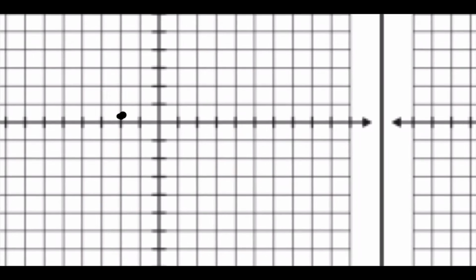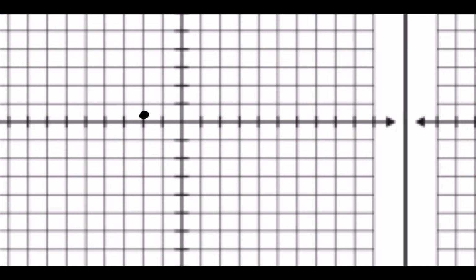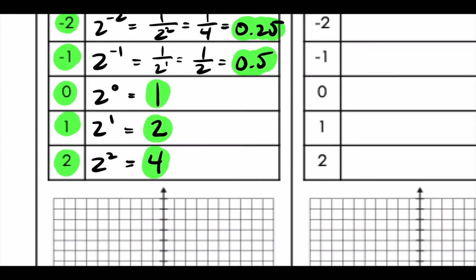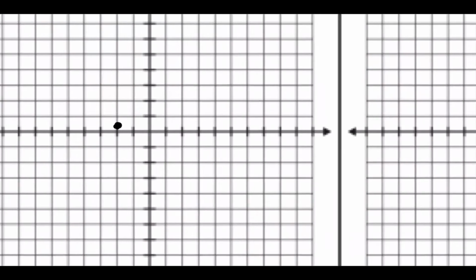I don't even go up a full unit. 0.25 is not even a full unit. The next one, -1, 0.5. So go left 1, up 1/2 a unit. It's a little bit higher, but you can barely even tell because it's not even a full unit.